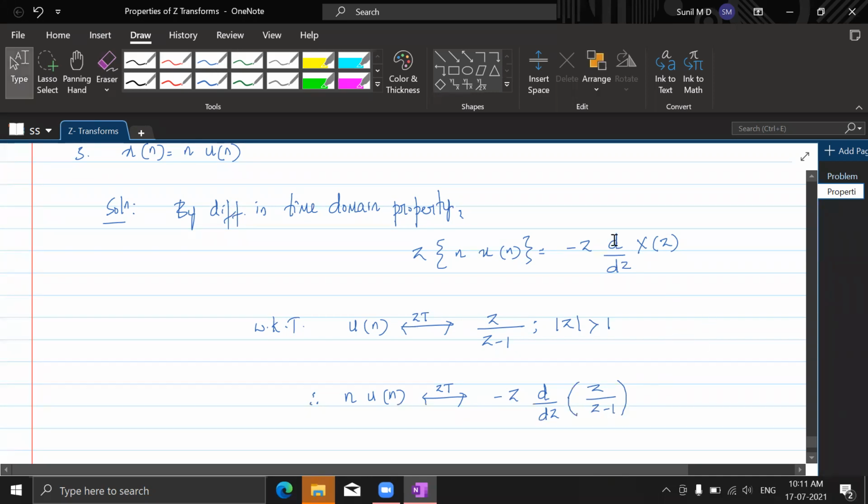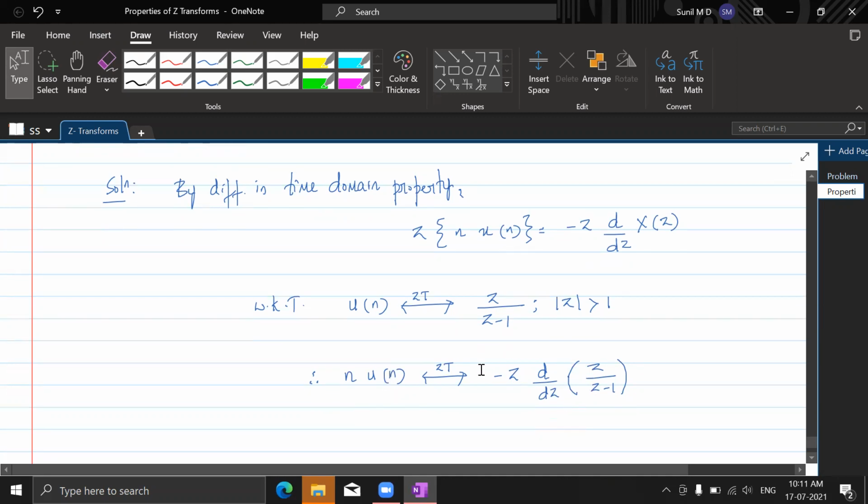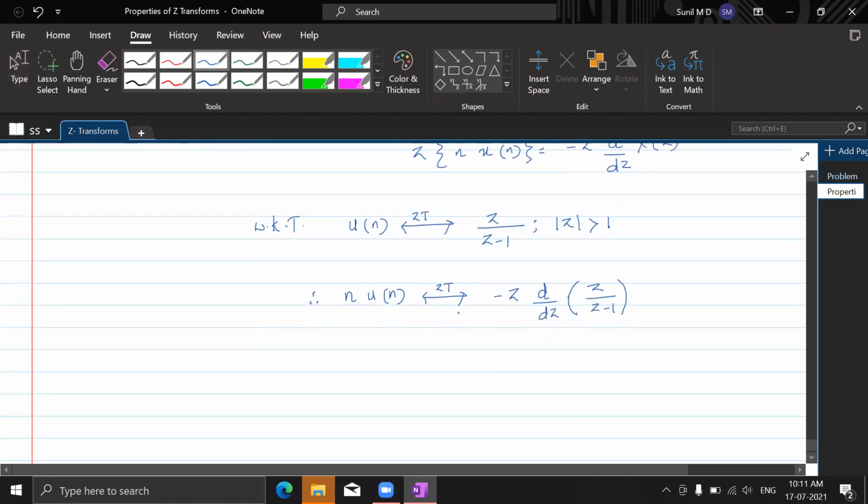It is differentiation of x of z, right? X of z is Z transform of x of n. So this is Z transform of u of n. Understand that? So you need to just differentiate this. So what happens if you differentiate? It is minus z, which is there.